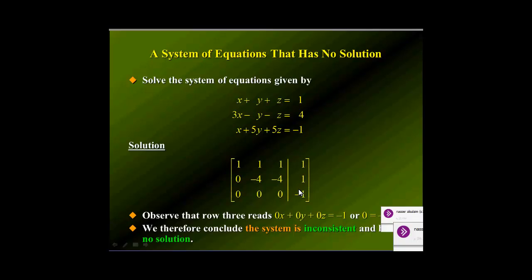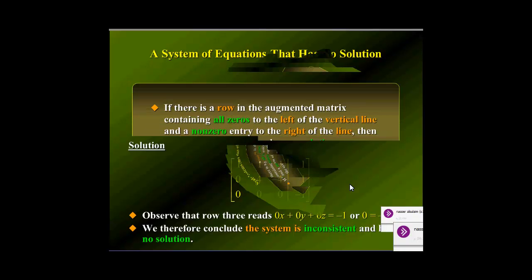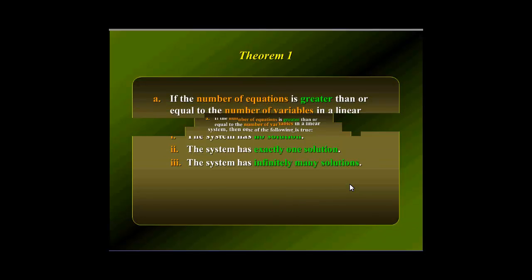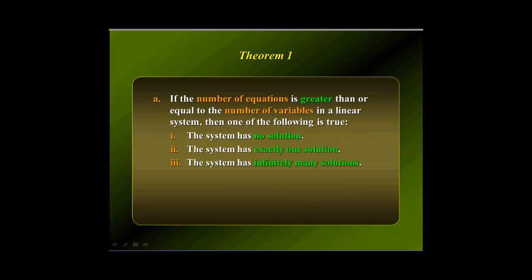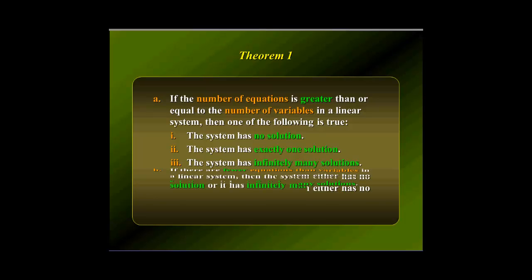In the third case, if the left side is 0 and the right side is non-zero, then it has no solution. So we discuss these three things: no solution, exactly one solution, and infinitely many solutions.